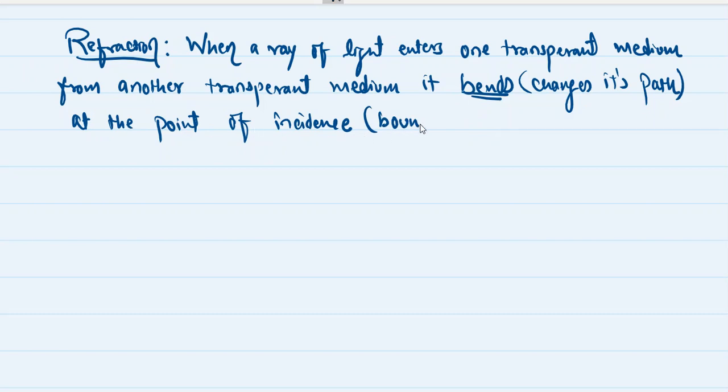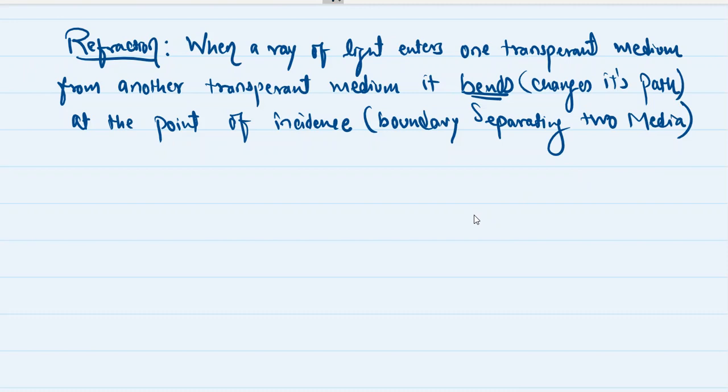It is located at the boundary separating two media. Media is the plural of medium. So at the boundary separating two media, when this ray of light strikes that boundary, it bends, it changes its path.